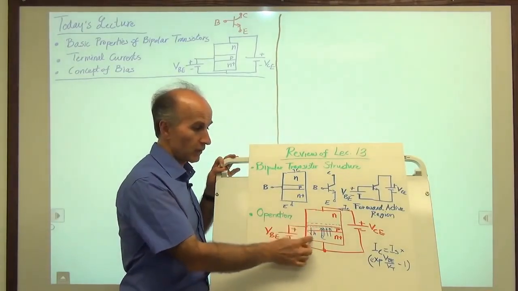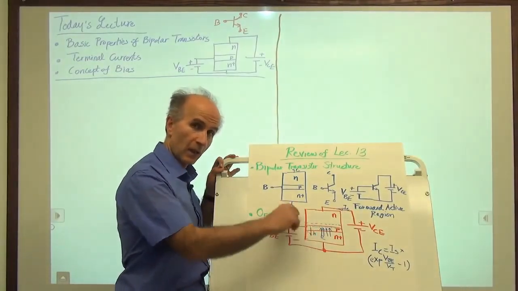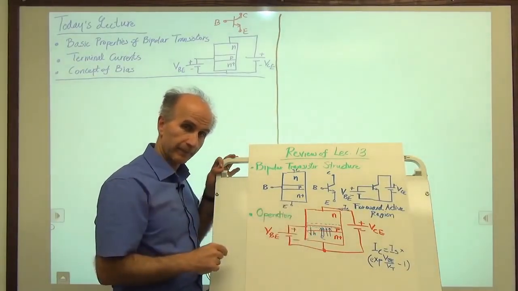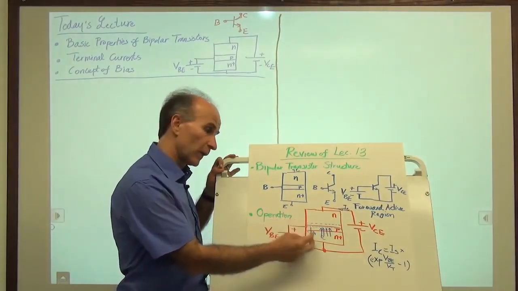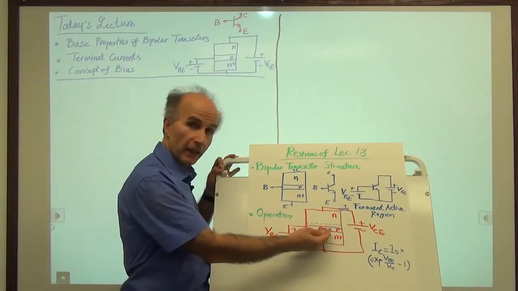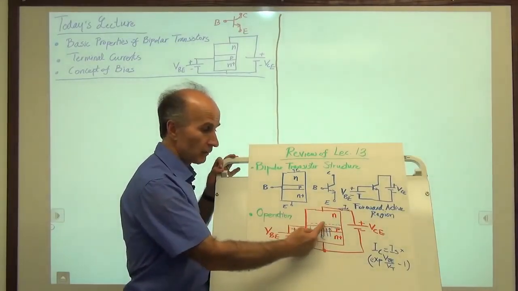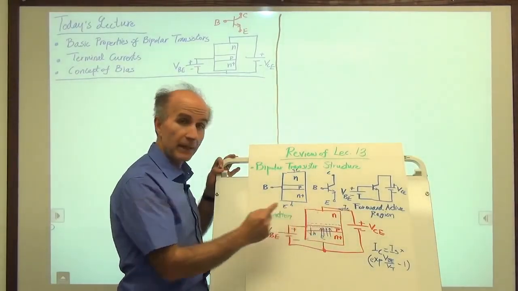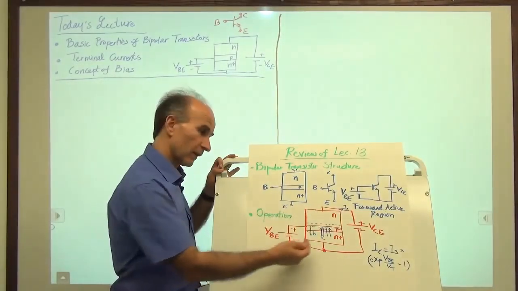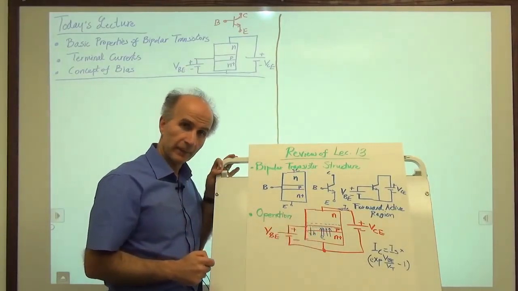That means that when this junction is forward biased, we have a lot more electrons going this way than holes going this way. And then the base region is very thin. So when the electrons arrive into the base, they prefer to go upward to the depletion region formed around the collector base junction, rather than go through this terminal and go to the battery.